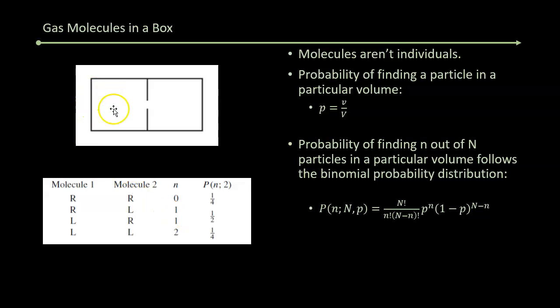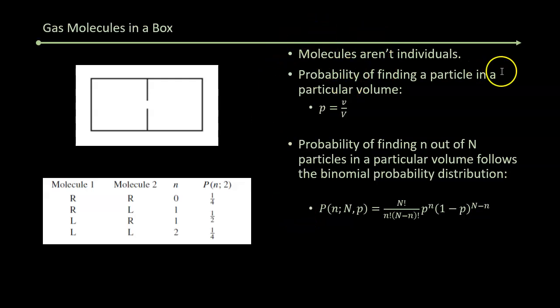And then we can have two over here. The probabilities depend in part on the fact that these molecules are indistinguishable. It's not like we've named one Mary and one Larry and we can keep track of which is which. No, they're just oxygen or they're just whatever they are.